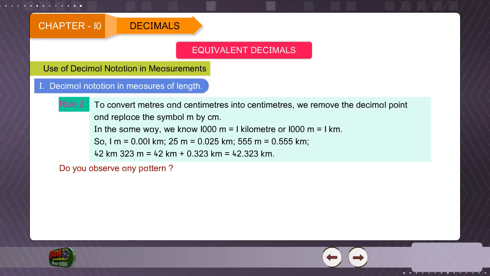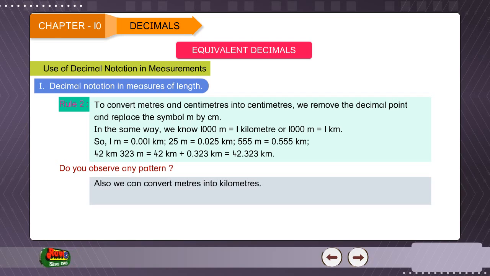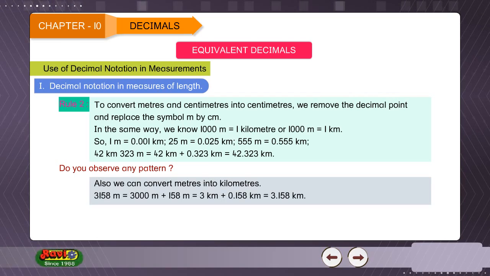Do you observe any pattern? Also, we can convert meters into kilometers. 3158 meters is equal to 3000 meters plus 158 meters, which is equal to 3 kilometers plus 0.158 kilometer, which is equal to 3.158 kilometers.